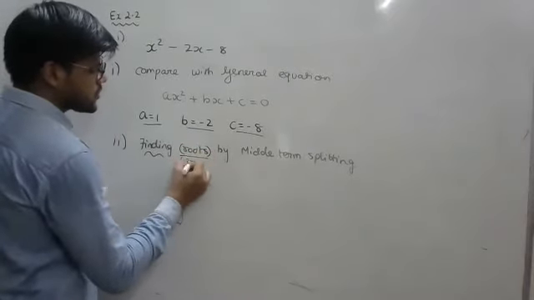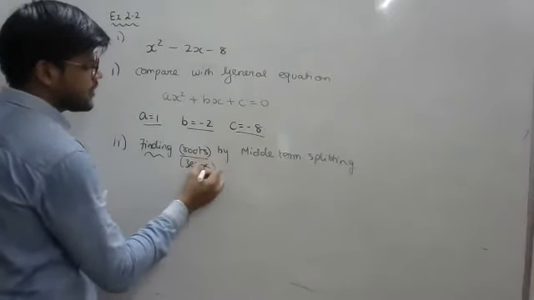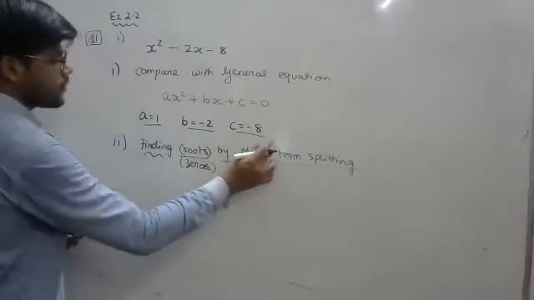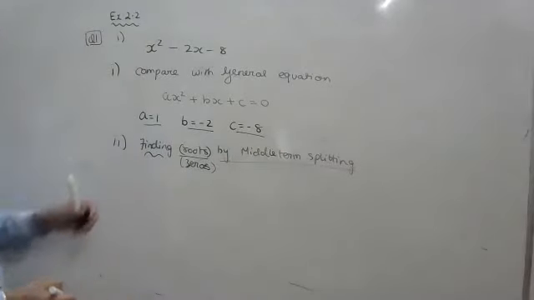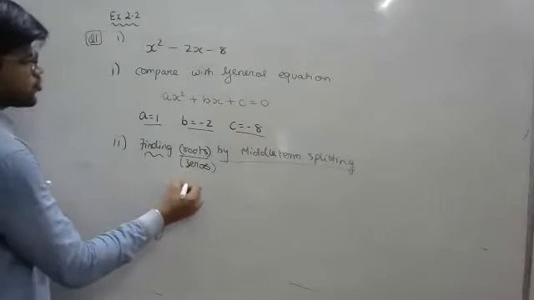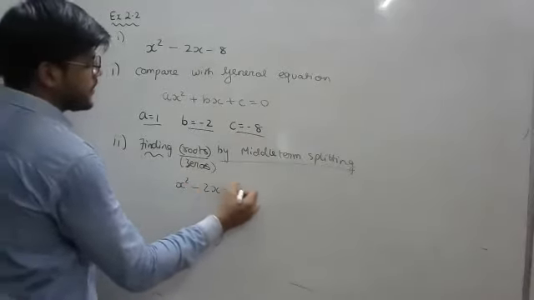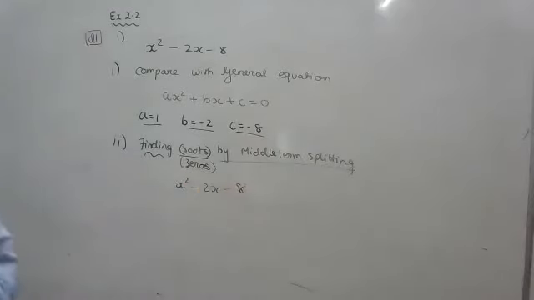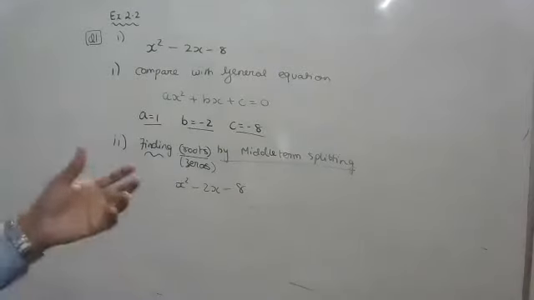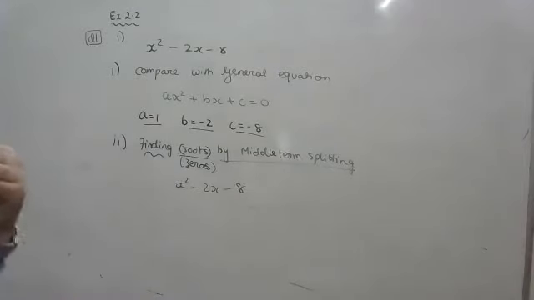Zeros, roots, solution, it's one and the same thing. So x square minus 2x minus 8. Now I understand a few students may not be thorough with middle term splitting. We have already done this for the past 2 years, but there are chances that you may not have clarity. Don't worry, I'll try to explain the procedure.